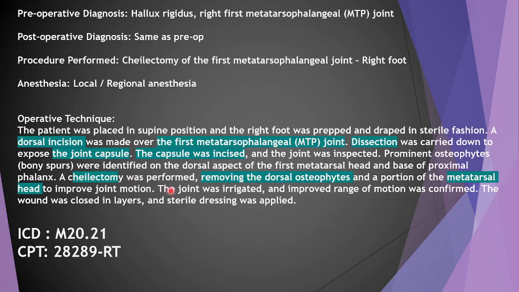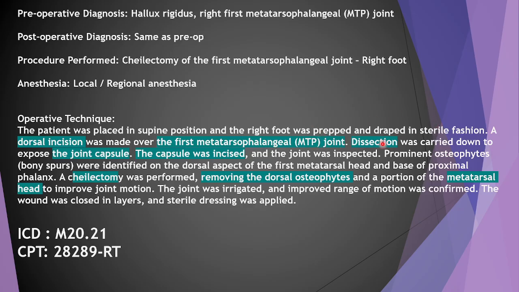So here is an op report for 28289, a hallux rigidus. First metatarsophalangeal joint. Diagnosis is hallux rigidus, and the procedure is cheilectomy of the first metatarsophalangeal joint, right foot, and anesthesia. In the operative technique, the patient was placed in supine position and the right foot was prepped and draped, and a dorsal incision was made over the first metatarsophalangeal joint.